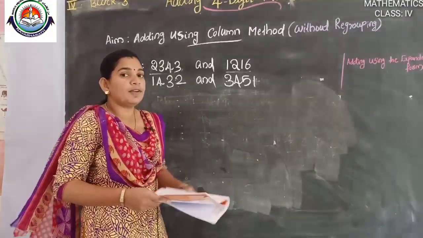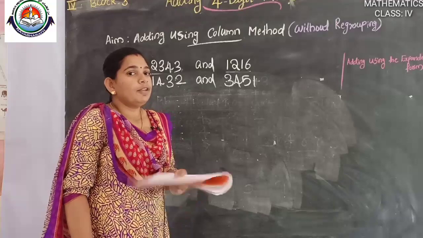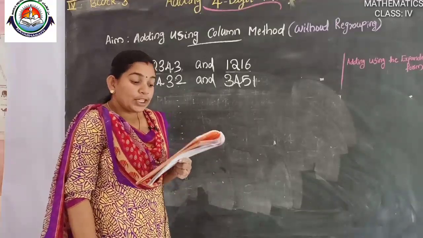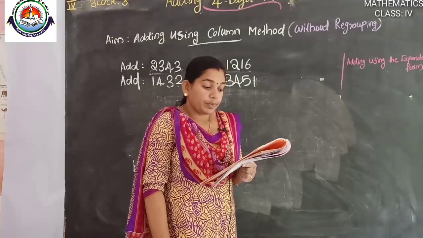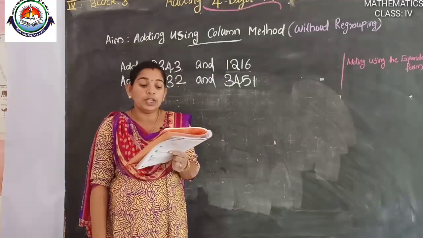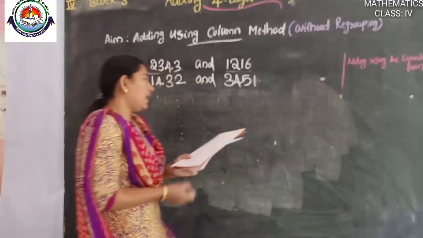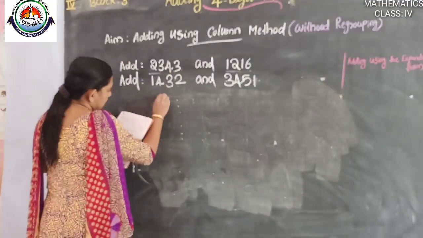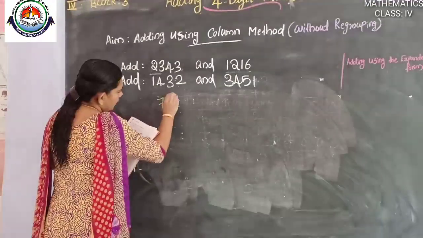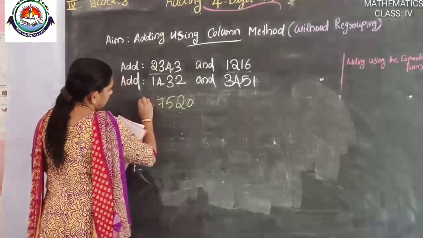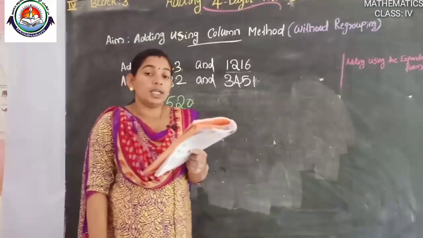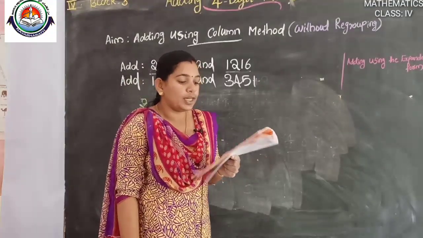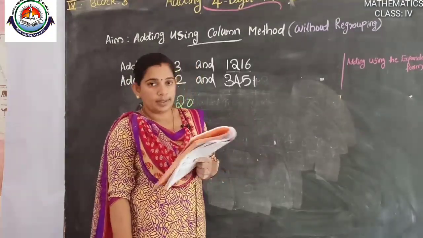Okay, from your textbook one problem is the word problem. We will do that problem now. A shopkeeper bought goods worth rupees 7,520 in week 1.